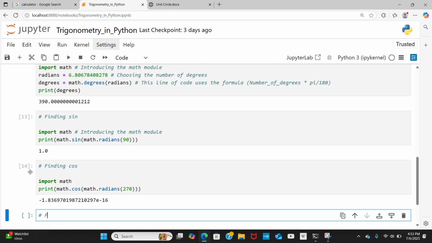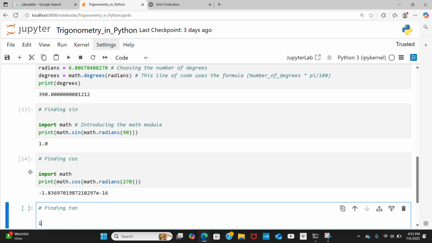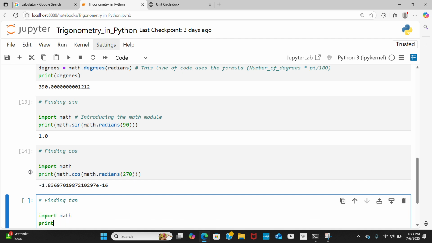We're now going to move on to finding tangent. We're going to import the math module. We're going to print math.tan of math.radians.